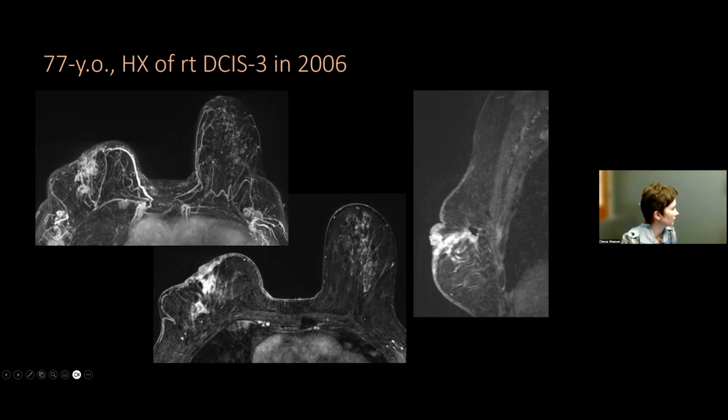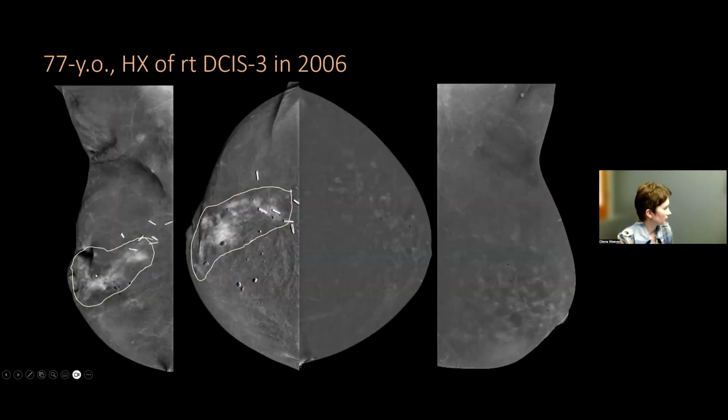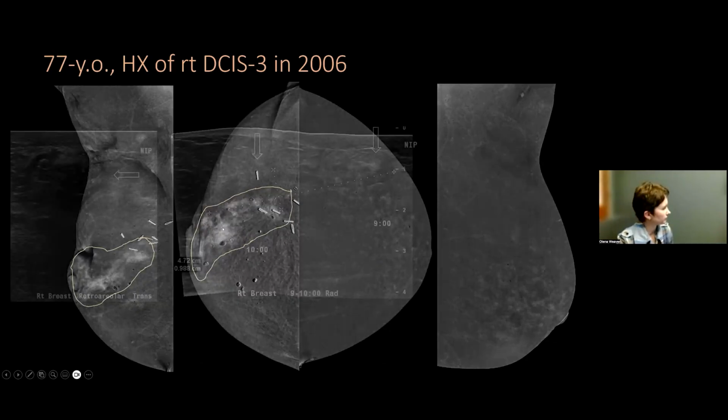It's the same shape and size of non-mass enhancement and maybe a mass here on the T1 post-contrast recombined image, and on the sagittal image, it's the same kind of appearance. So when I went to do her ultrasound, I had this area in mind as my most likely area of potentially cancer. So if anything, I would like to biopsy that.